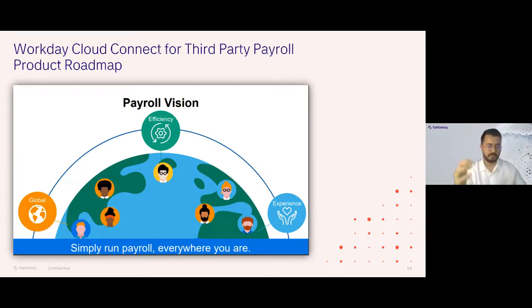Global, like I will explain all the architecture they have. Global means they want to make the payroll integration globally and widely used everywhere so that they have more connection to all other systems and it is easy to use. How will they increase the efficiency? That is something I'm very interested in.